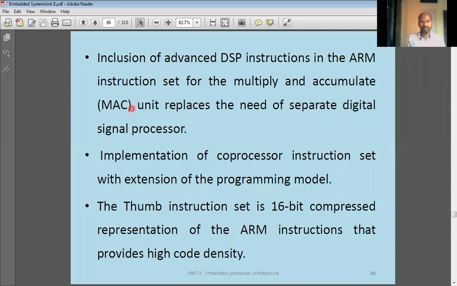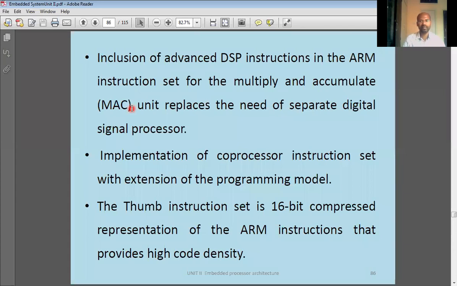Because of this MAC unit, we have talked about MAC in the data flow model. In the data flow model, we have seen there is one hardware called MAC, which stands for multiply and accumulator. Multiply and accumulator means it multiplies 2 numbers and adds that result to the accumulator value.